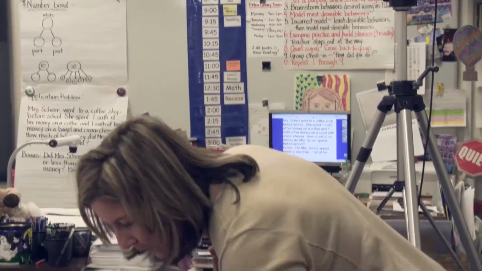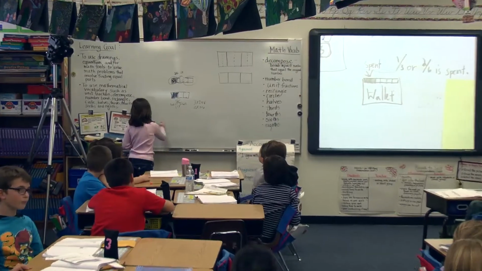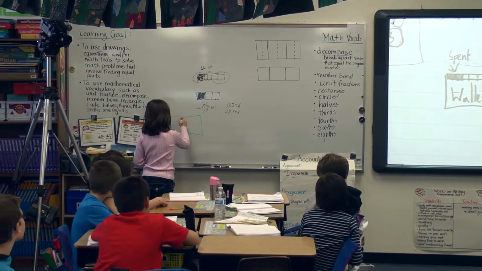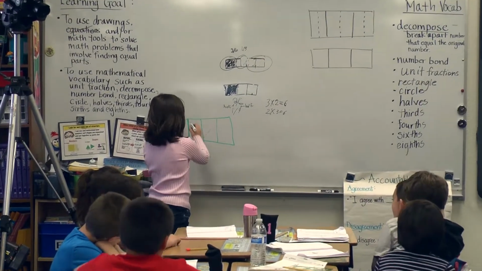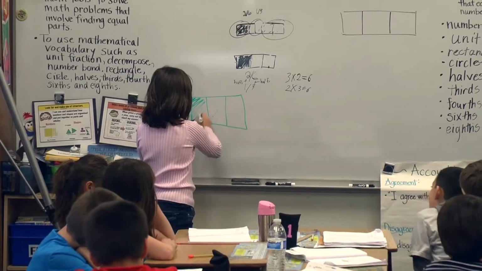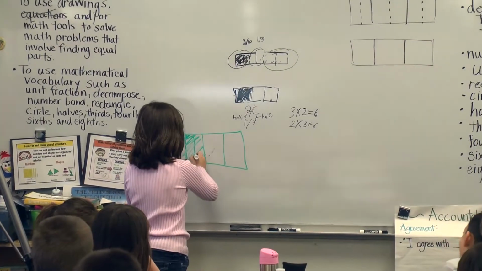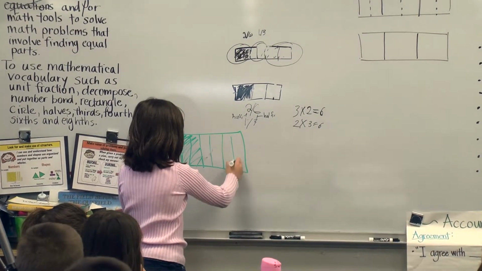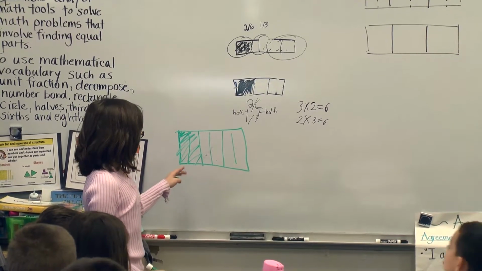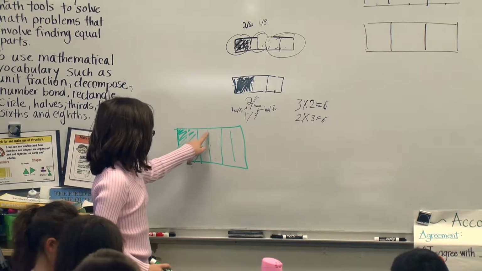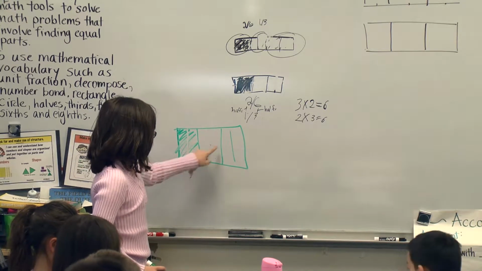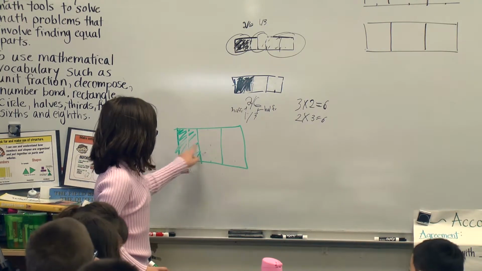So if you make thirds, and shade 1, and then you split thirds in half, it would be 6, and 2 sixths would equal 1/3.